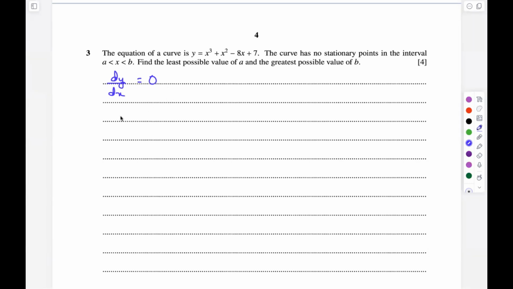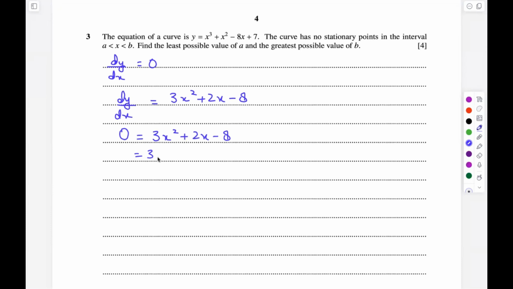So first finding the dy dx, that will be equal to 3x squared plus 2x minus 8. And now putting dy dx equal to 0, 3x squared plus 2x minus 8 equals 0. Factorizing this, we'll get 3x squared plus 6x minus 4x minus 8.